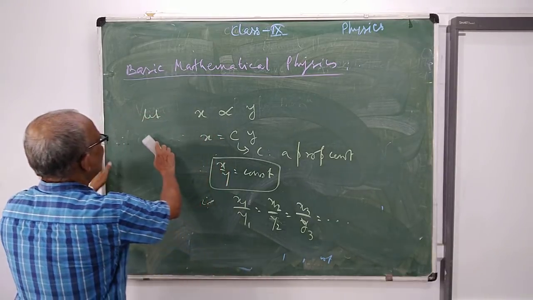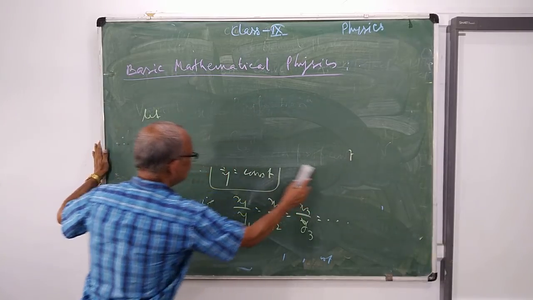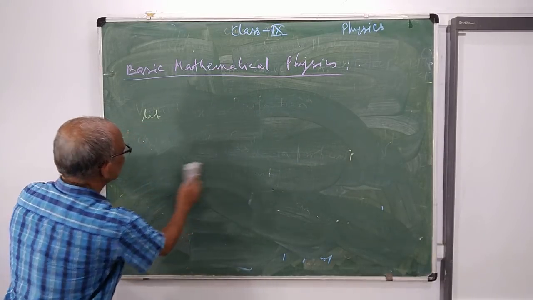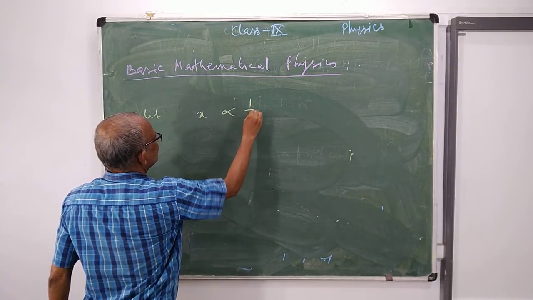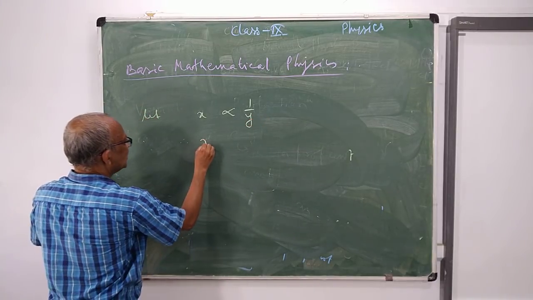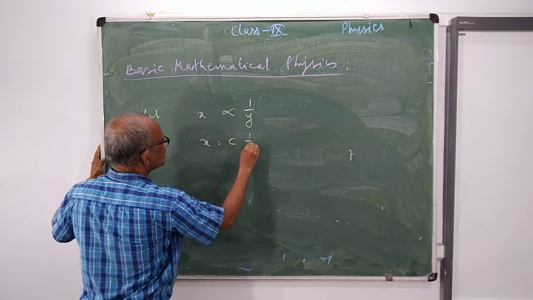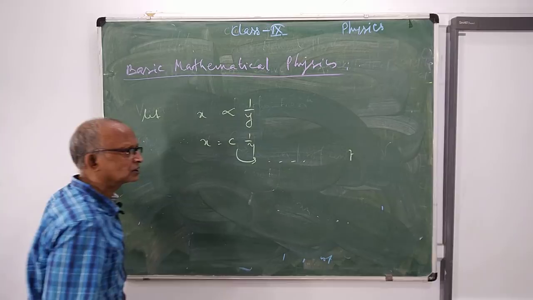Then how can we say it for the indirect variation? I say let x vary inversely with y, therefore x equals a constant into 1 by y. You understand? C is a proportional constant.